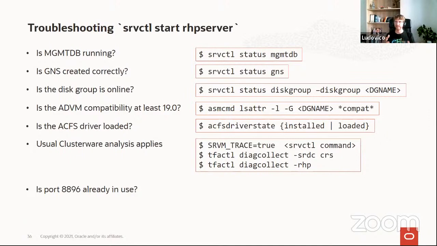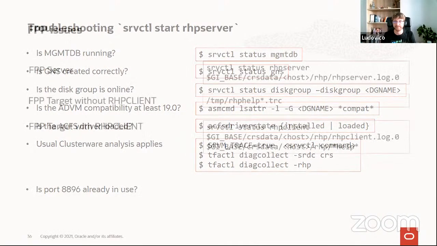For example, if you install the latest version of Oracle Linux 8 and you do not have the latest release update of 19c, that will not work because you don't have the driver that is compatible with the latest kernel. This is the normal troubleshooting that you will do. And of course, it's part of clusterware, so clusterware troubleshooting applies.